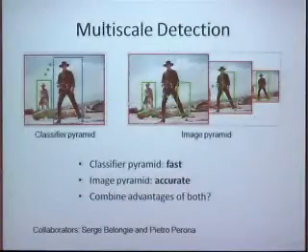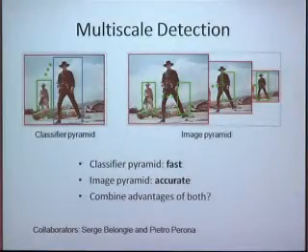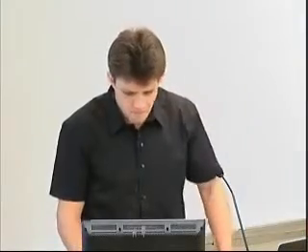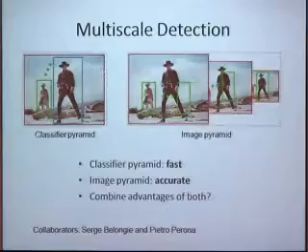This becomes pretty slow because, whether it's this system or any other detector system, you have to recompute all the features for every image in the pyramid. The advantage is you can use much richer features, because the original Viola-Jones system was limited to grayscale features. So can you combine the advantages of both?